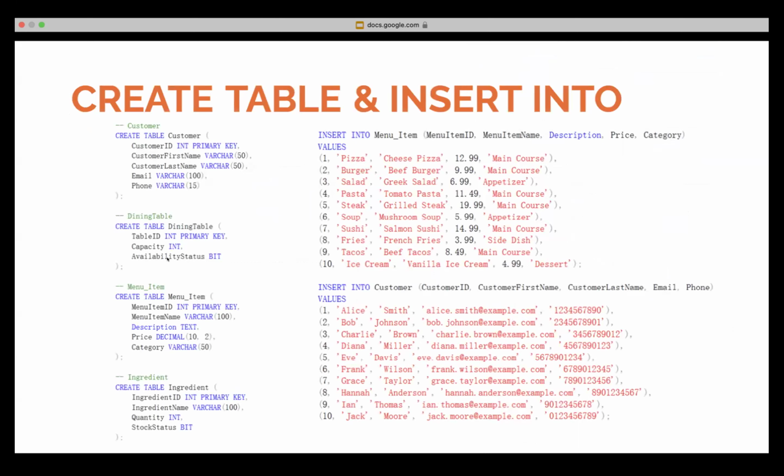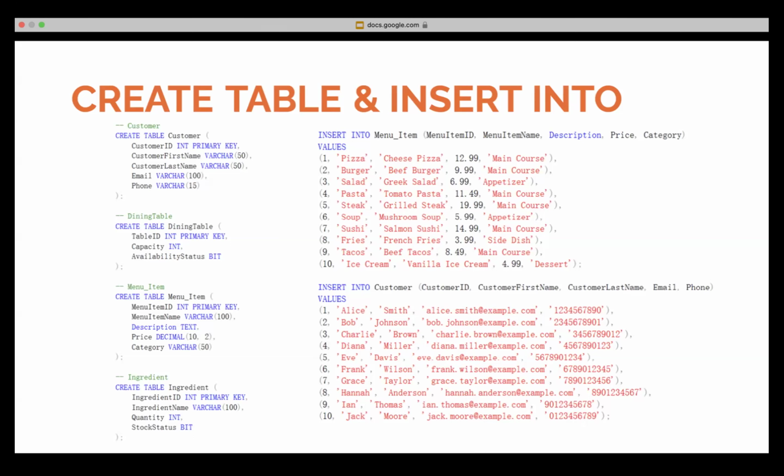Moving on to create table and insert data. These two steps are critical for the database to function correctly. Create table establishes the structure and the relationships within the database. For example, primary keys ensure that each record is unique, while foreign keys maintain consistency across related tables.